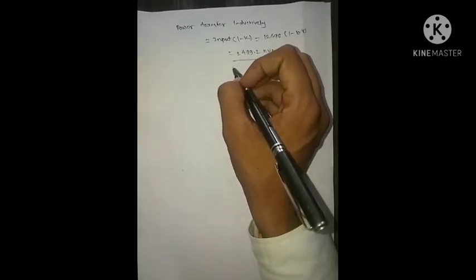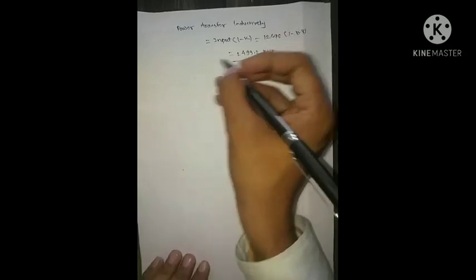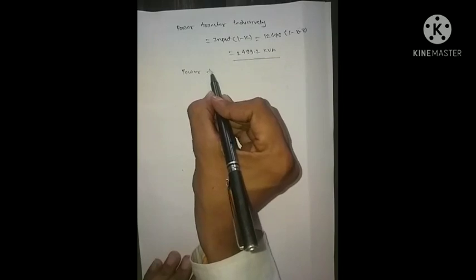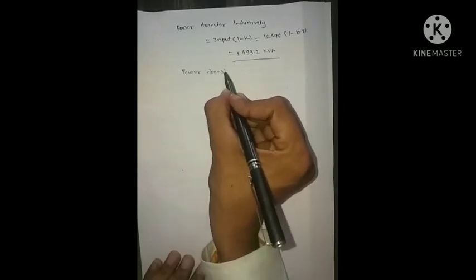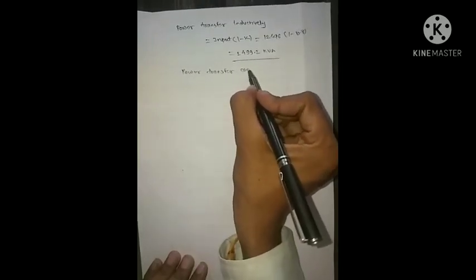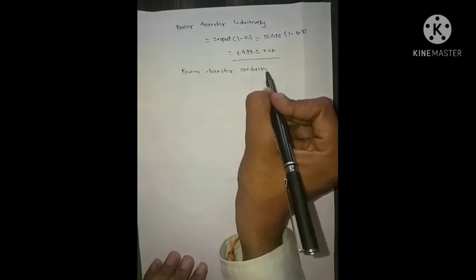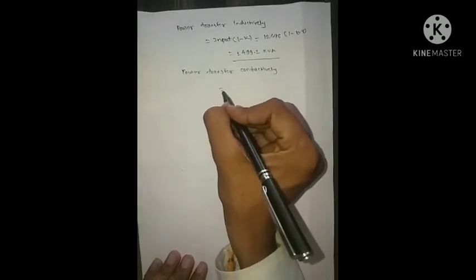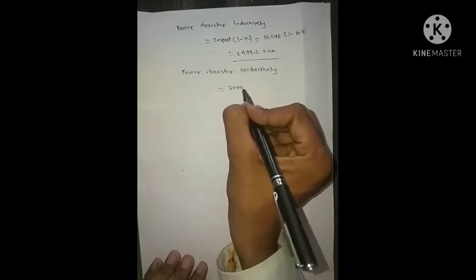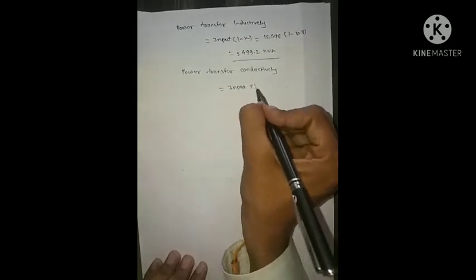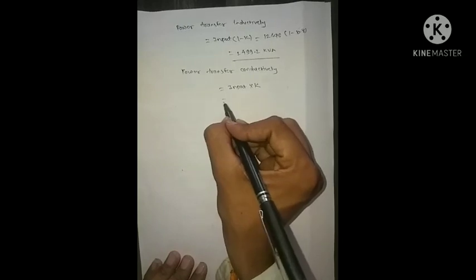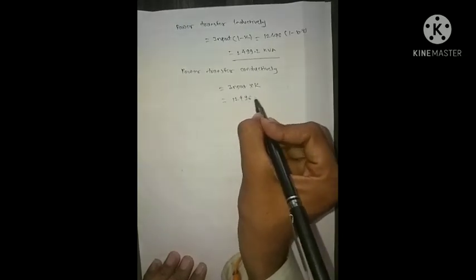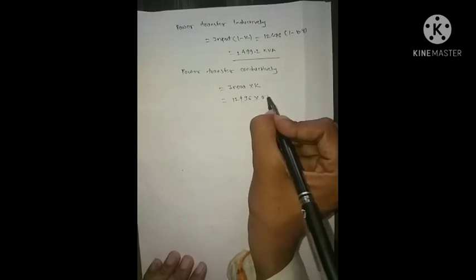After that we have to calculate the power transfer conductively. Power transfer conductively equals to input into K, equals to 12,496 into 0.8.